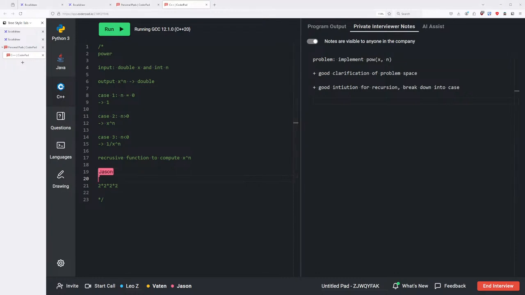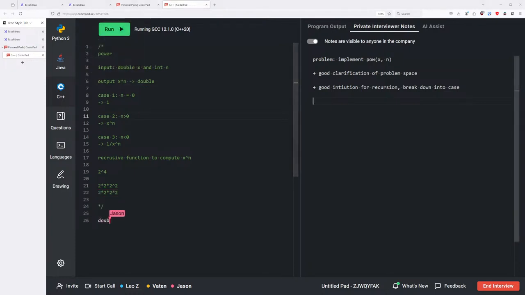And then the way we can break it down recursively is it's really just 2 times 2 to the power of 3, right? And this is essentially the recursive call we're making. And then we can break this 2 to the power of 3 down recursively as well. So it becomes 2 to the power of 2, and then so on, right? And then we get to this last step. So I think we can start from there. Does that make sense?